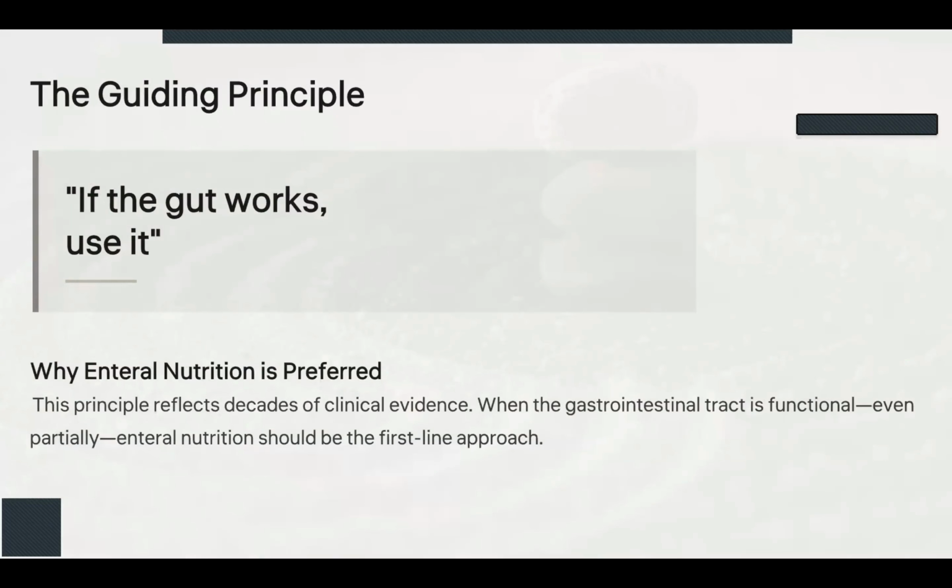American and European societies for parenteral and enteral nutrition all consistently recommend that in obstructive GI cancers, enteral nutrition should be used wherever the gut is functional, while preserving parenteral nutrition only for cases where enteral nutrition is impossible or inadequate.